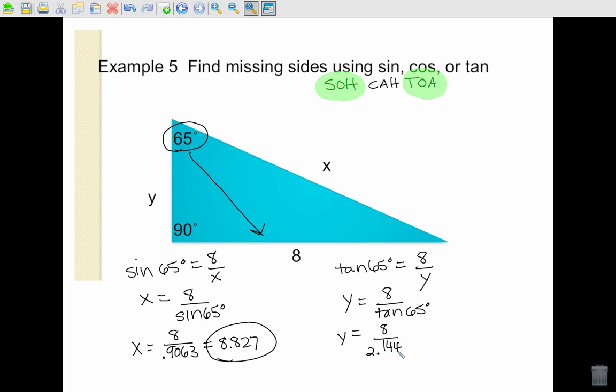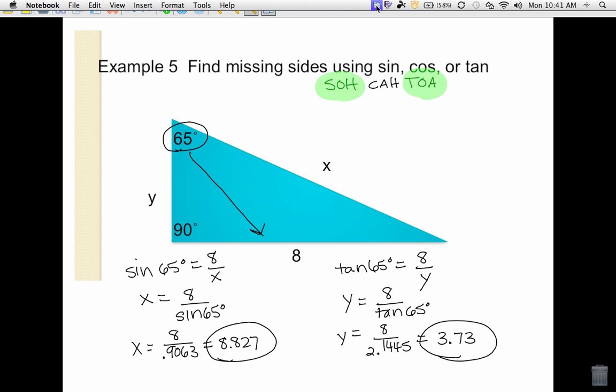And I can look up or use the calculator to find tangent of 65. And so I will have 8 divided by 2.1445, which is 3.73. So that's how you use sine, cosine, and tangent to find missing sides.